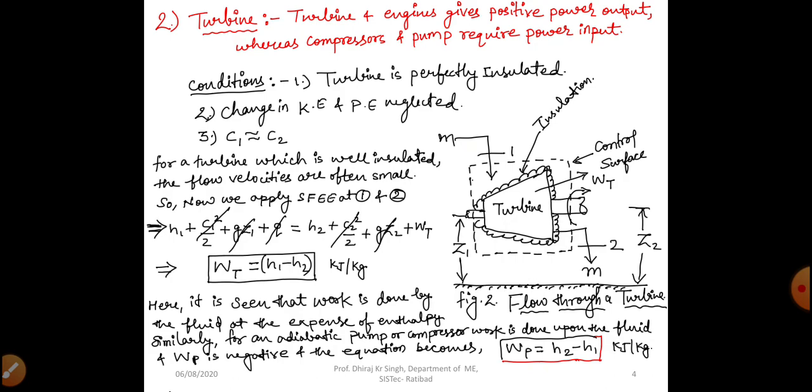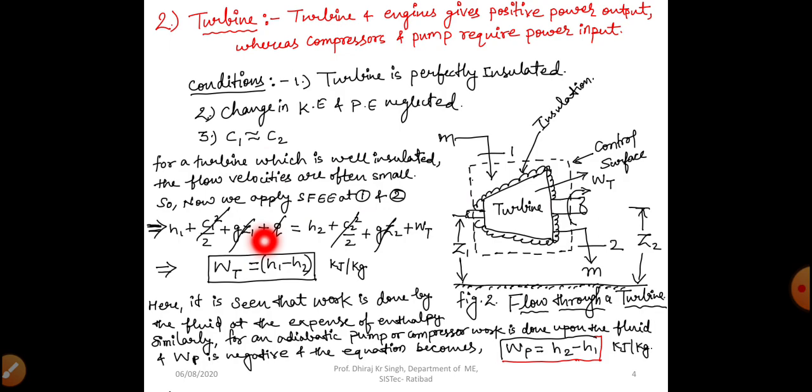That means we will neglect kinetic energy and potential energy. And here we can see in turbine, velocity at inlet is somehow equivalent to velocity at outlet. I have not written equal sign, I have written equivalent sign. So C1 will be equivalent to C2, means velocity at inlet will be equivalent to velocity at outlet.